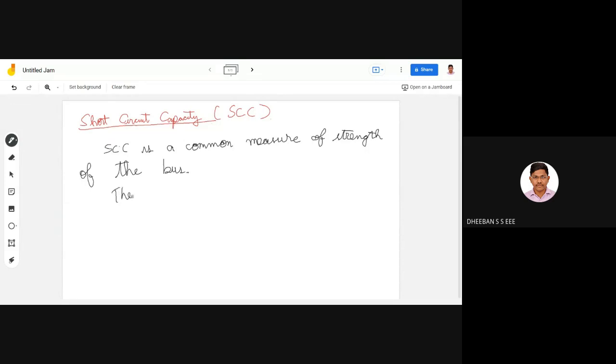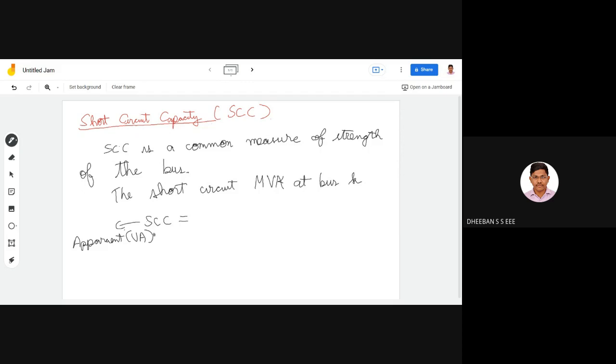The short circuit MVA at bus K: you are considering a bus, and for that particular bus you have to see the short circuit value in terms of MVA. So SCC, in MVA, is more or less the same as apparent power, which has the unit of VA.